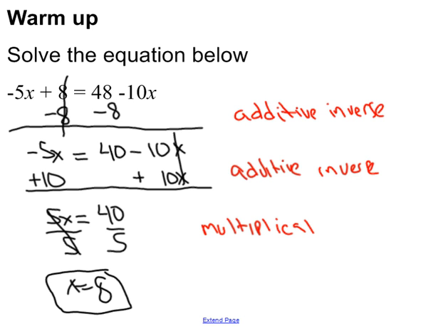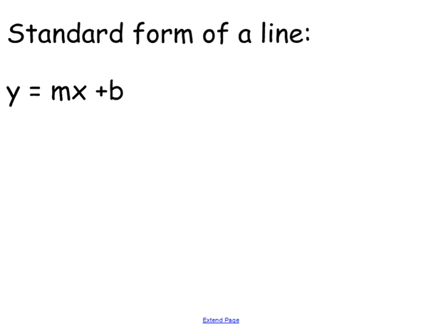There's a reason why I'm going over this, because this is going to come in handy for our lesson that we are looking at today. So let's look at what the standard form of a line looks like. Standard form of a line is y equals mx plus b.